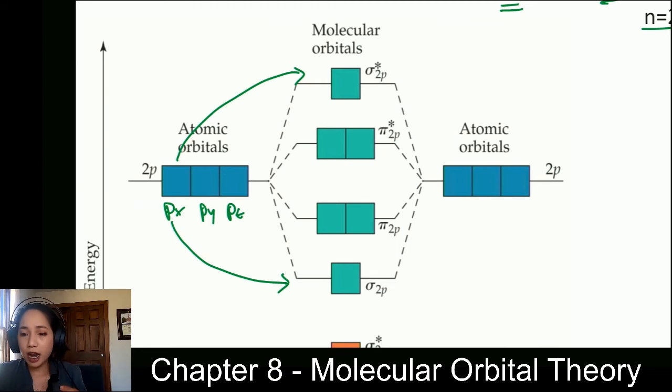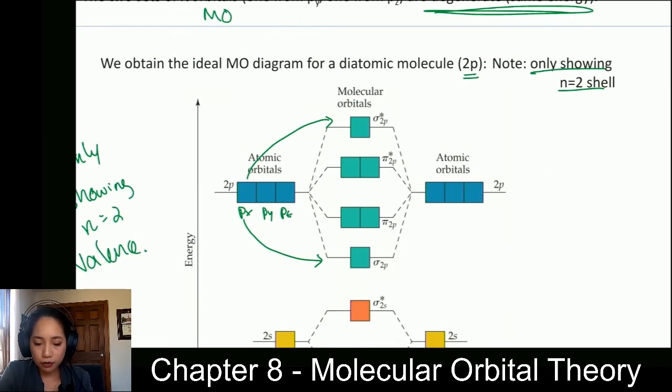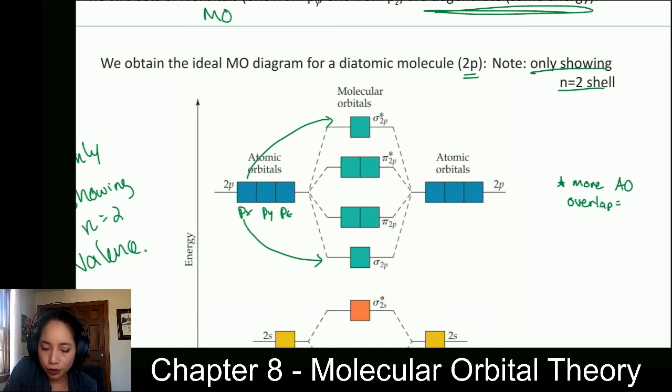And remember how I said that sigma interactions have much more overlap. Those bonds are stronger, so you get more splitting. So I'll just note here that more atomic orbital overlap equals more splitting, of sigma and sigma star, or pi and pi star.